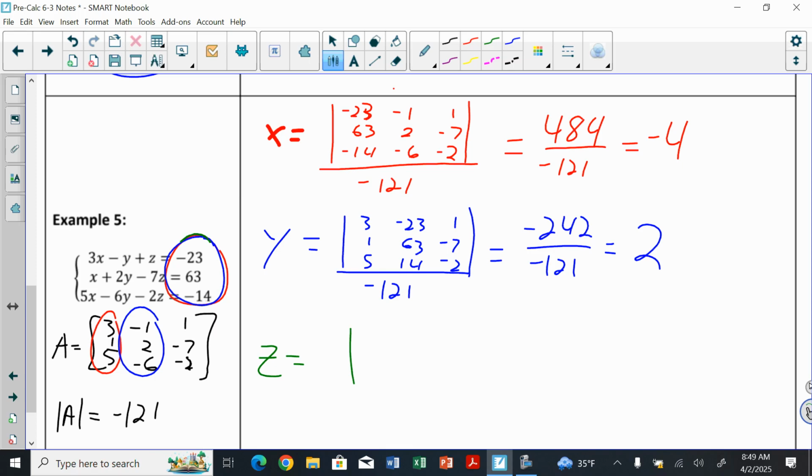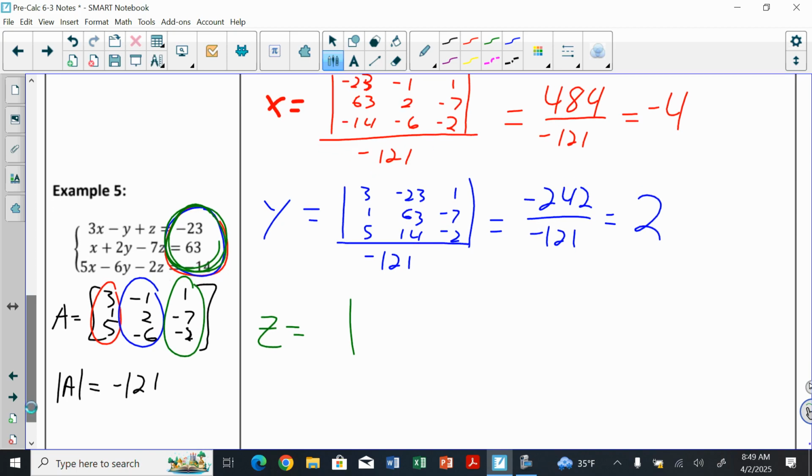Again, what am I doing? Taking these numbers to the right, replacing them in the far right column. The left and middle are going to stay the same. So I'm going to have 3, 1, 5, negative 1, 2, negative 6, negative 23, 63, and negative 14, all over negative 121. Find the determinant.